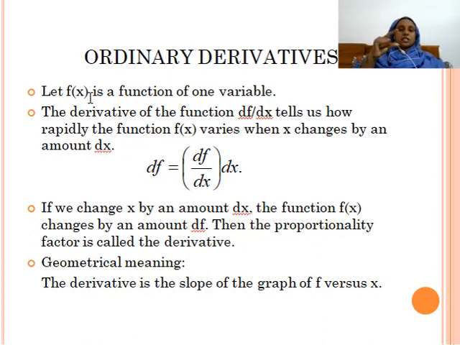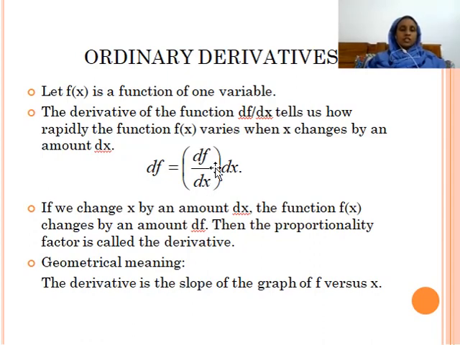This connection, this proportionality factor, is called the derivative of the function f, df by dx. That is, this is the change in f due to a small change in x. Here the proportionality factor is given by df by dx. This represents the derivative of the function f with respect to x.